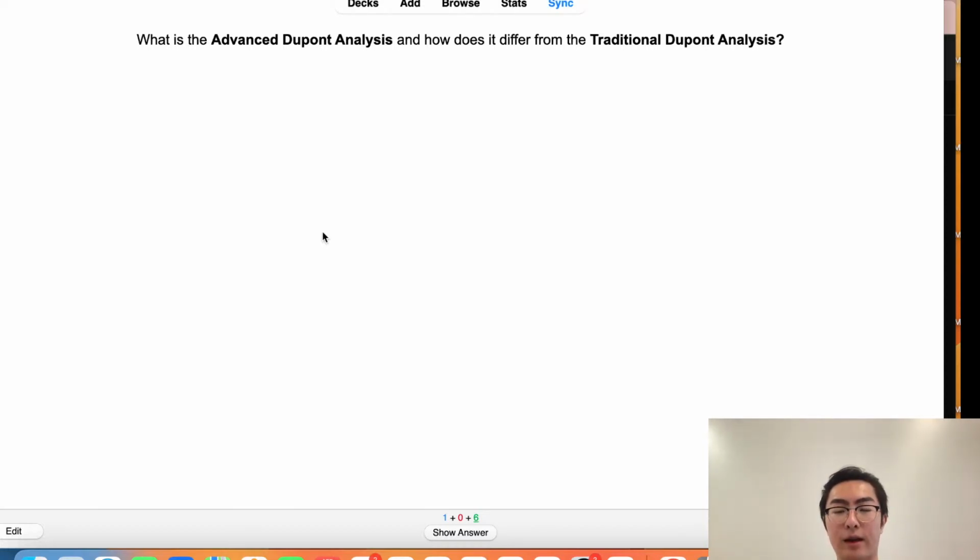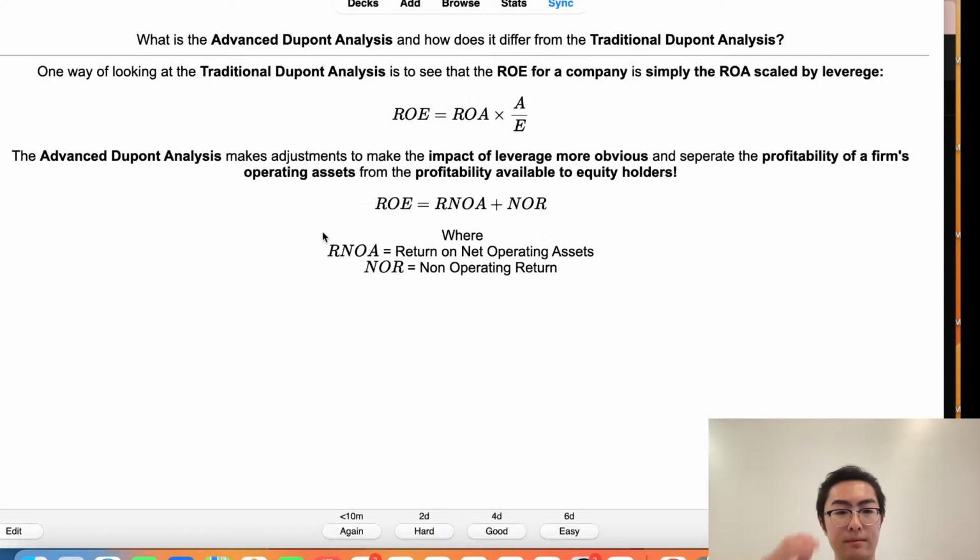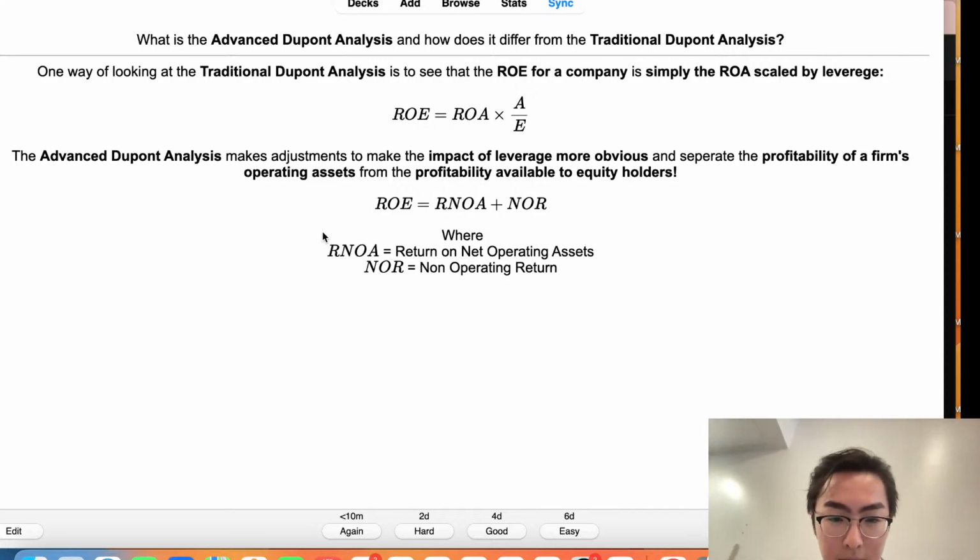So this can be thought of as the portion of your business in terms of return that's financed by debt. The advanced DuPont analysis makes adjustments to make the impact of leverage more obvious and separate the profitability of a firm's operating assets from the profitability available to equity holders. Right, that's good.